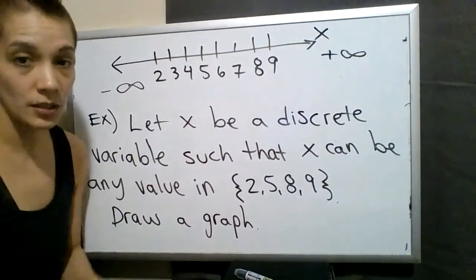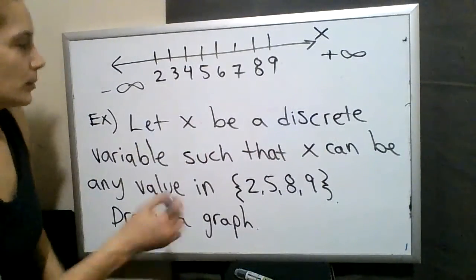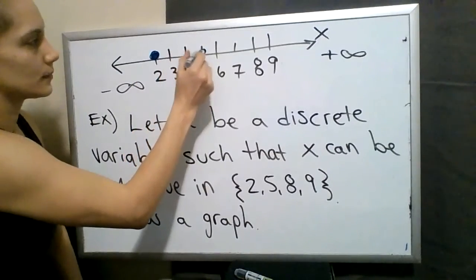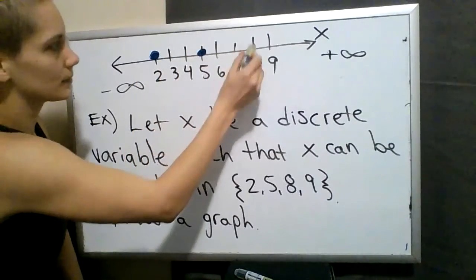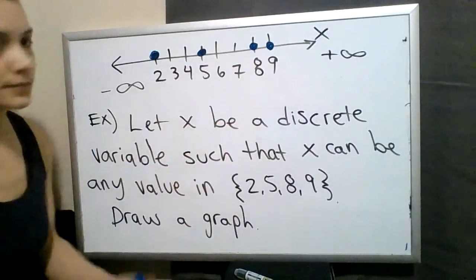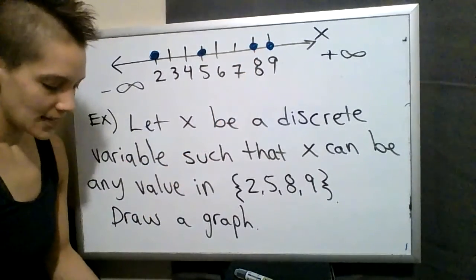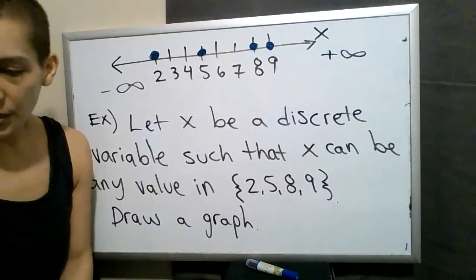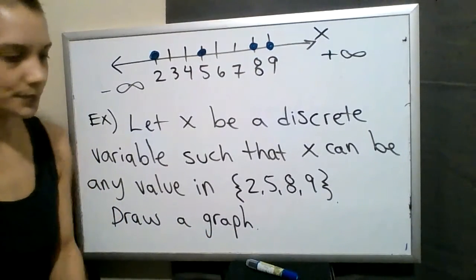And we're including 2, 5, 8, and 9 with a solid dot. And that's the end of talking about discrete variables.